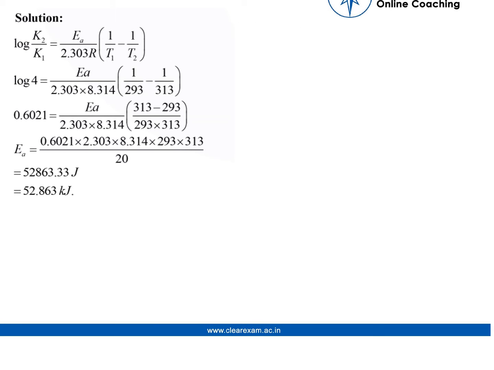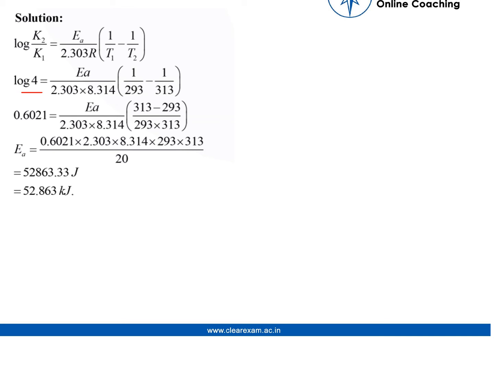Solution. log K2 upon K1 is equal to energy of activation upon 2.303 R into (1 upon T1 minus 1 upon T2). Then log 4 is equal to Ea upon 2.303 into 8.314, and putting the values of T1 and T2, we get (1 upon 293 minus 1 upon 313).